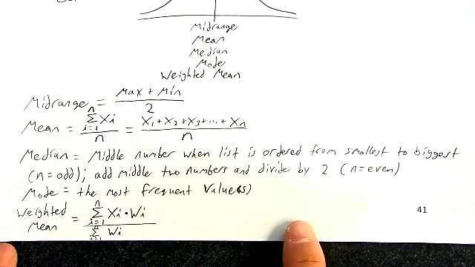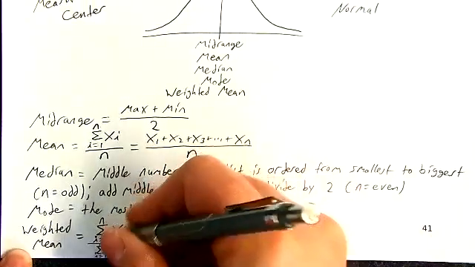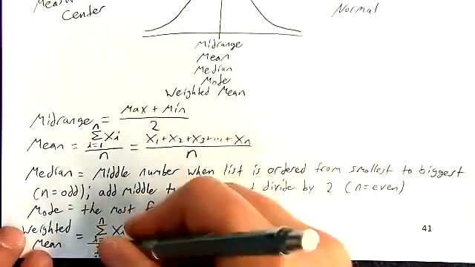But let's write this in simpler form. So what does this mean, these summations? It just means you're adding up a bunch of stuff.